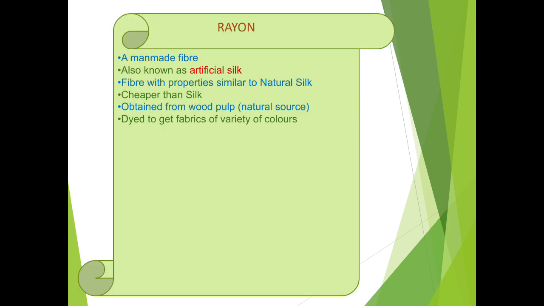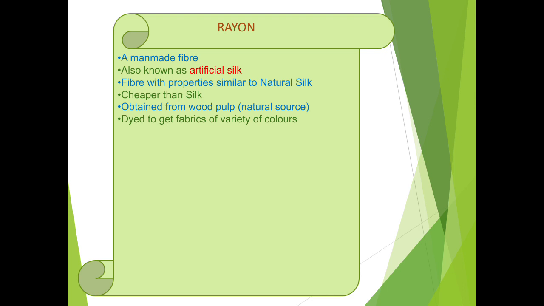Okay, the first synthetic fiber is rayon. Synthetic fiber itself means that it is a man-made fiber, and the rayon is also known as artificial silk. You know that the natural silk is made up of silkworms, right? But this rayon is artificial silk.